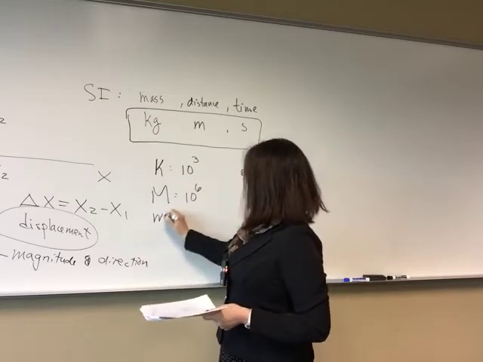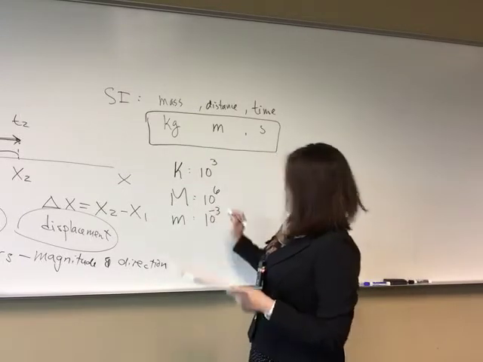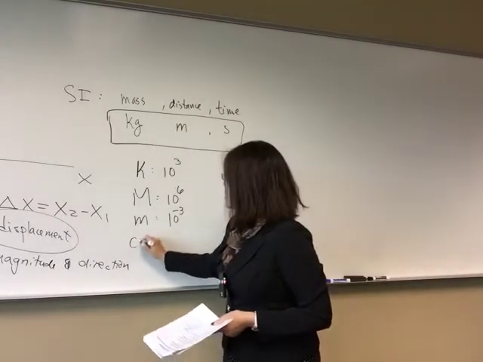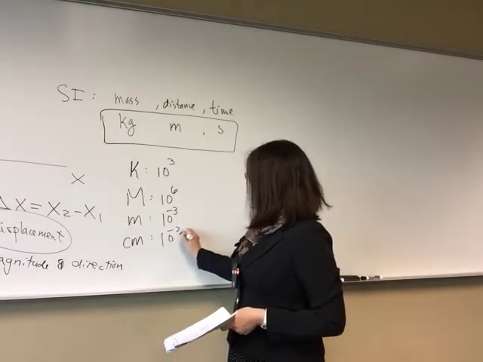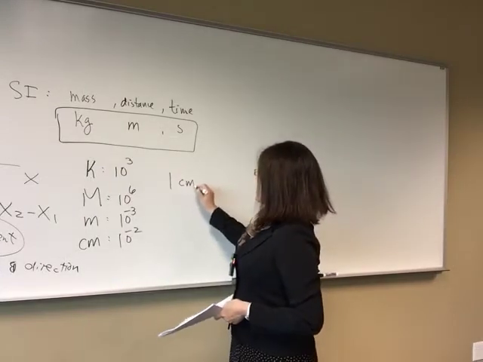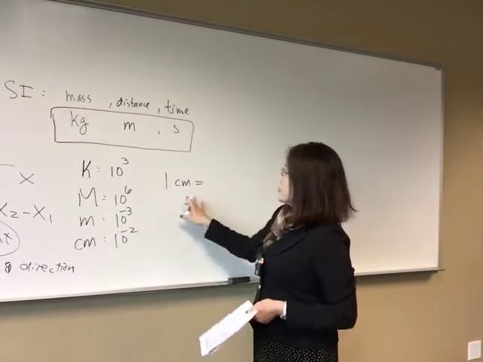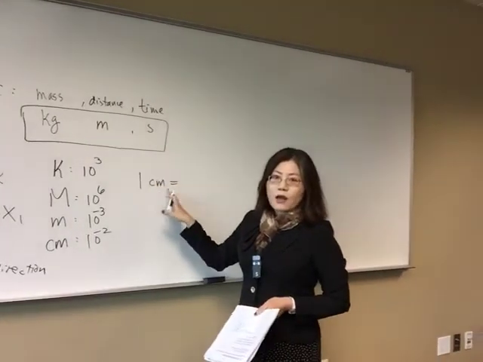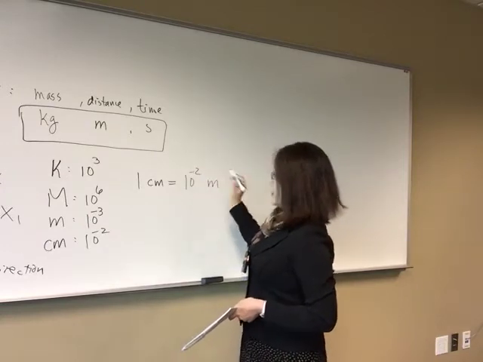The lowercase m is 10 to the negative 3. Centimeter, which is commonly used, is 10 to the negative 2. For example, if you have 1 centimeter, how do you convert it to meters? You have to convert it because centimeter is not an SI unit. So that will be 10 to the negative 2 meters.